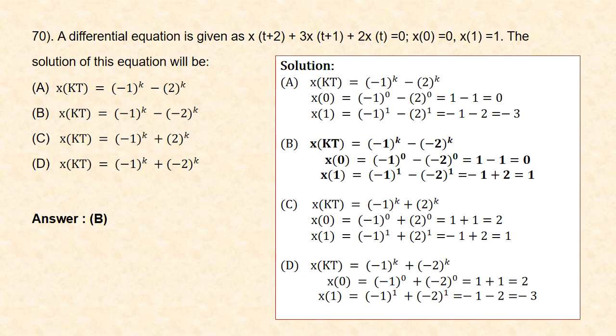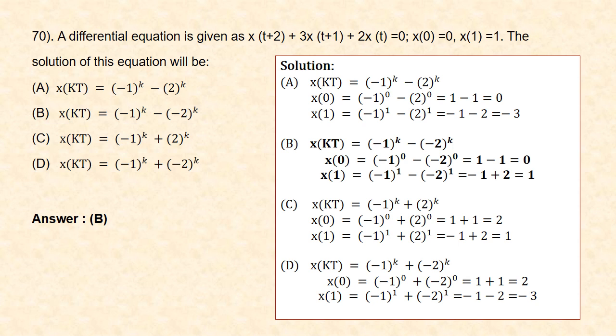Now, substituting k is equal to 1, we have x of 1 is equal to minus 1 to the power 1 minus 2 to the power 1, which is nothing but minus 1 minus 2 is equal to minus 3. Here we are getting x of 0 is equal to 0, but x of 1 is equal to minus 3. So, the two conditions are not satisfied.